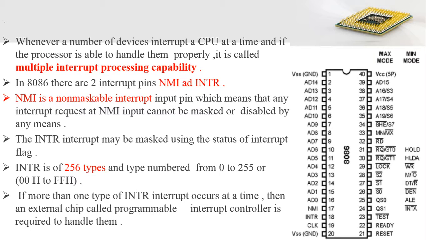If the current value of the interrupt flag equals 1, then only the processor accepts the request on this INTR pin. When the processor receives an interrupt request through this 18th pin, it checks the status of the interrupt flag. If it is equal to 0, the processor simply neglects that request and continues its current execution.